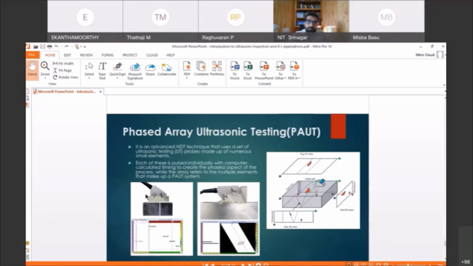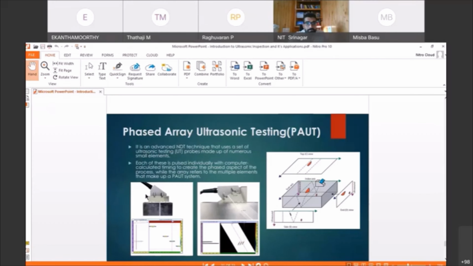But in advanced techniques, suppose you want to inspect a weld, you have three different kinds of angle probes like 45, 60, 70. If you want to use a particular angle, you can use only that angle. You cannot use 70 and 60 at a time in a conventional probe.